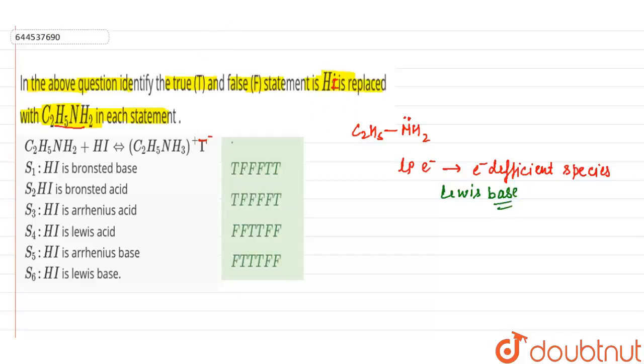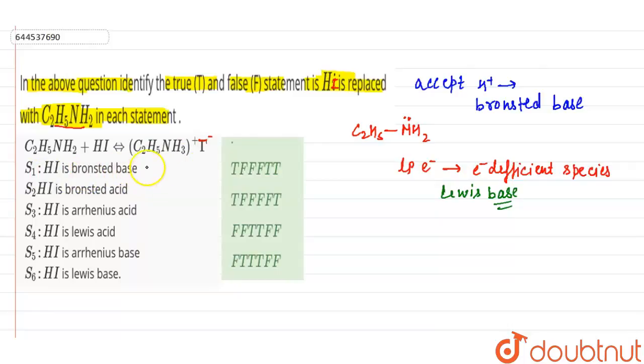And it can also accept H+ from an acid, so it acts as a Bronsted base. So the correct option here is the first, which is a Bronsted base.